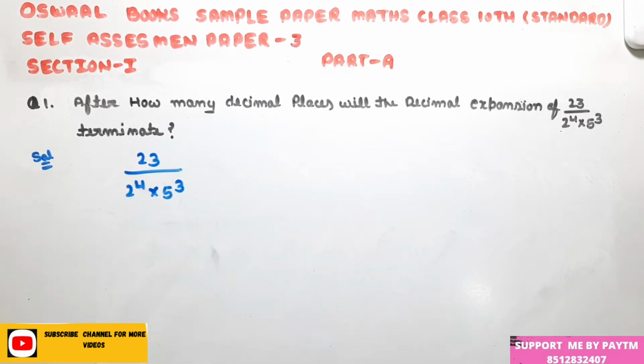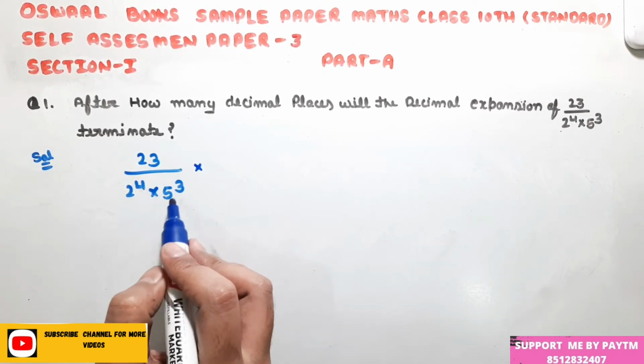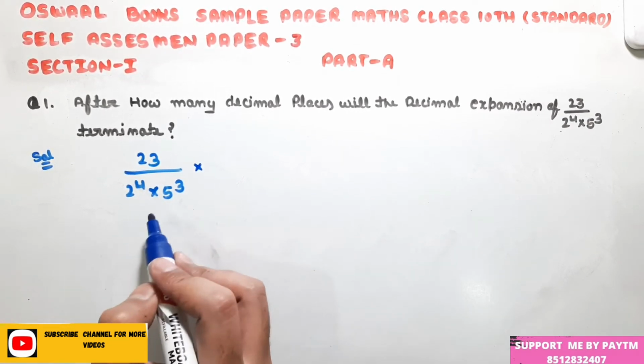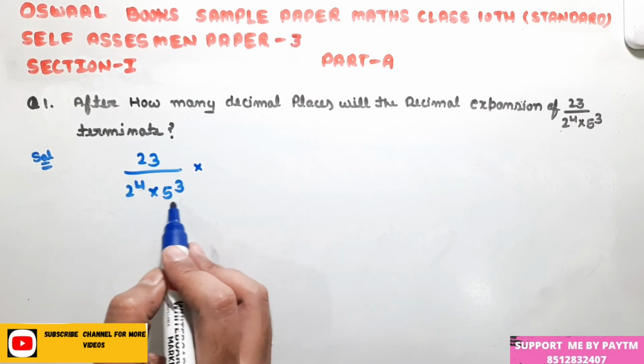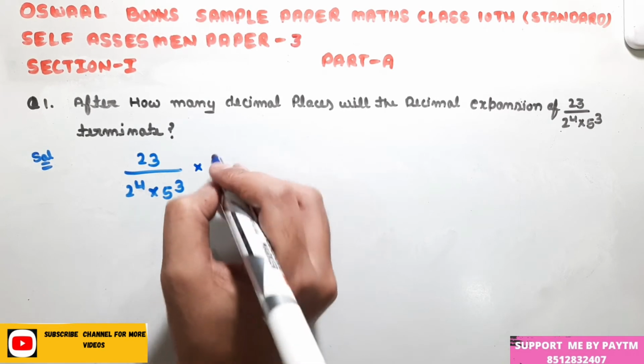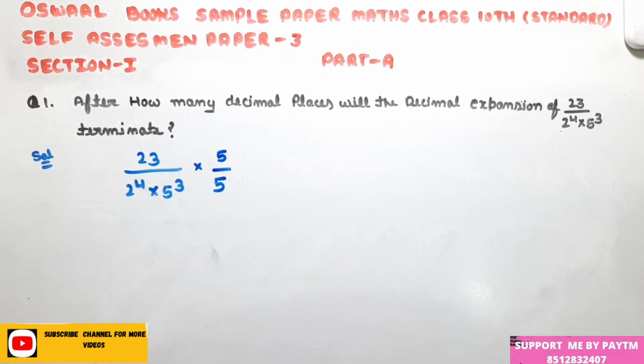We have to find after how many decimal places the decimal expansion will terminate. So firstly, we will make equal powers of 2 and 5. So here the power of 2 is 4 and of 5 is 3. So we will multiply numerator and denominator by 5.